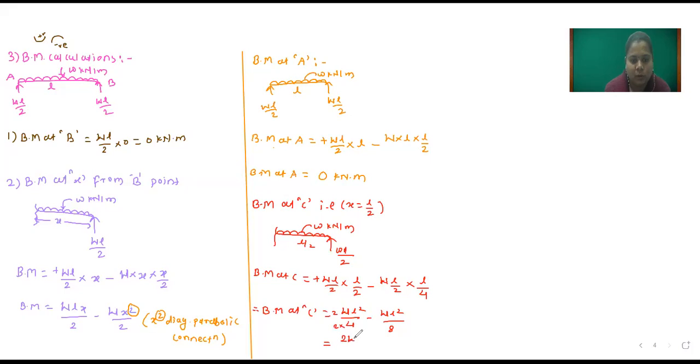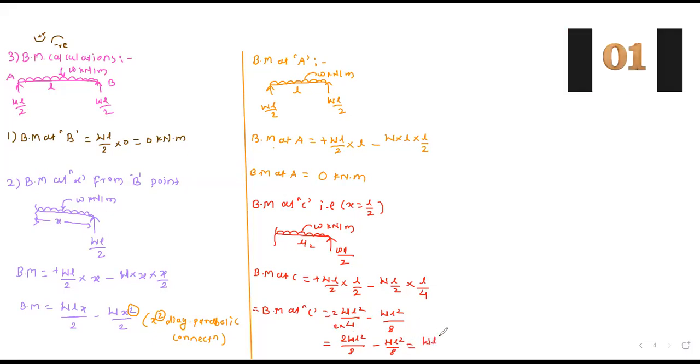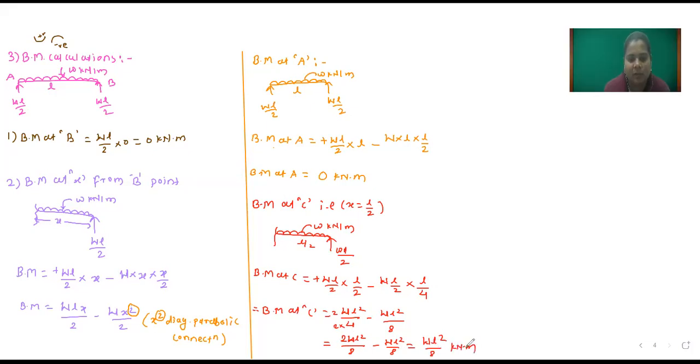So 2WL square by 8 minus WL square by 8. So now you tell me, bending moment at C is equal to 2WL square minus WL square, that is WL square divided by 8 kilonewton meter. So these are the bending moment calculations.